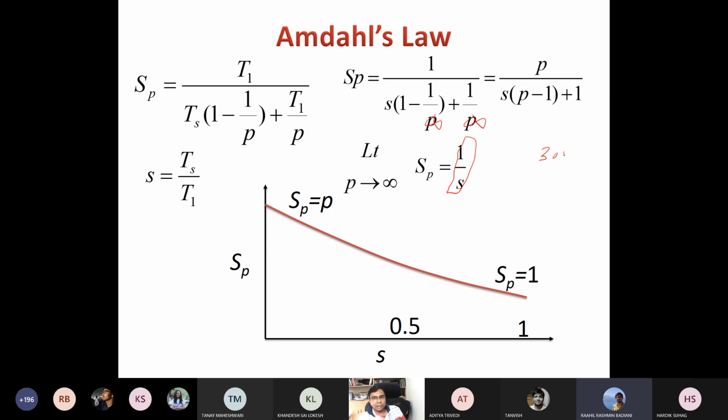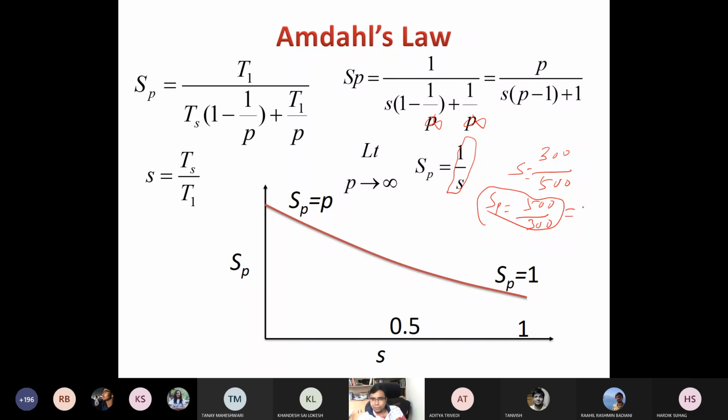S is 300 by 500. So speed up will be limited by 500 by 300. This is S. So whatever the number of processors you take, speed up will be limited by 1 by S.